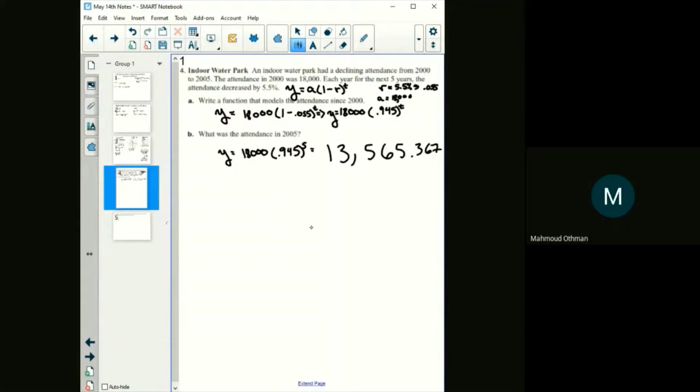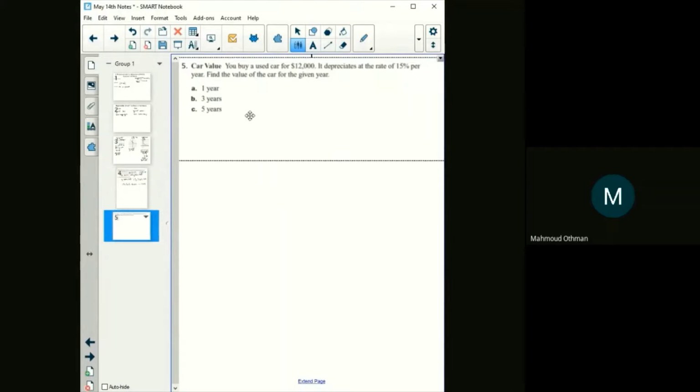But you can't have 0.367 of a person. So the attendance is 13,565 people in 2005. Last one.